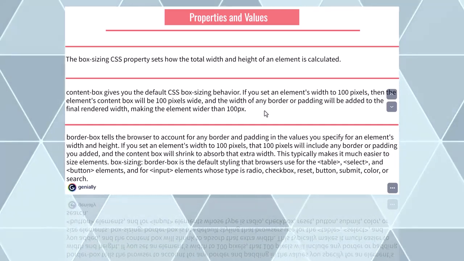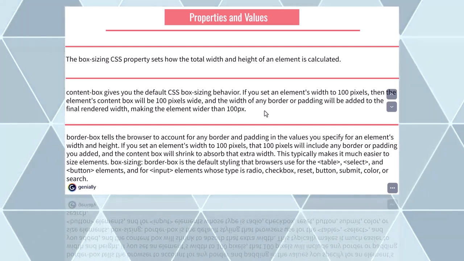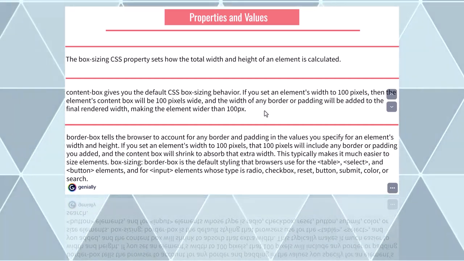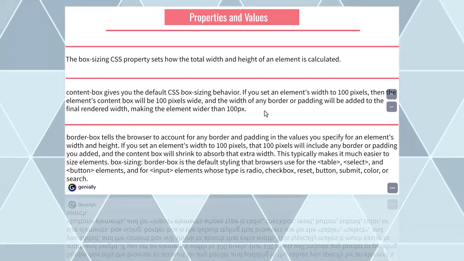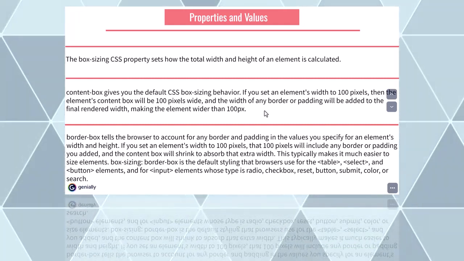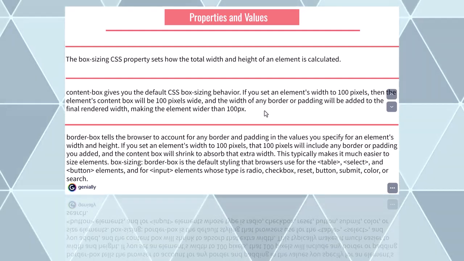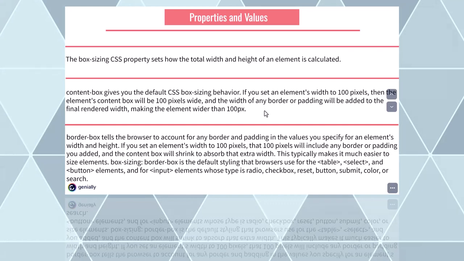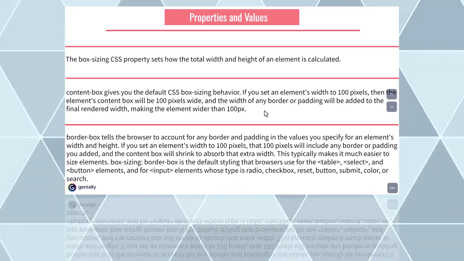Remember what the border is? If you take a border and measure it, it's not 50 pixels. Let's say on this side, the border width you gave in the definition is 10 pixels.